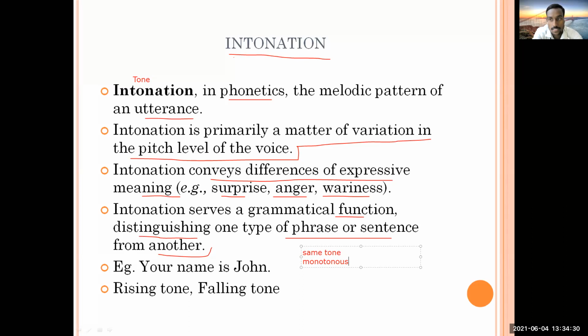A single tone. And in simple words, it is boring. If the speaker is speaking in one voice only, in one tone only, for maybe one hour, then it is going to become boring. If there are no ups and downs, if no different tones are used, it is going to become boring, in simple words.